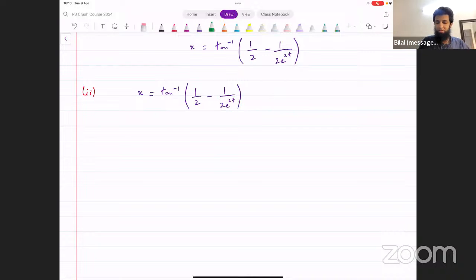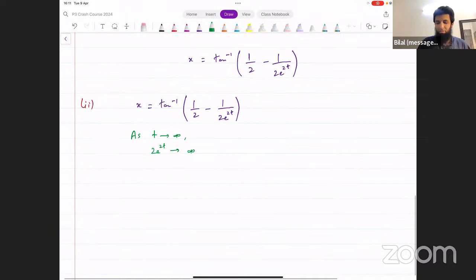As t becomes very large, as t goes towards infinity, what do you think is going to happen to 2e raised to the power 2t? It's going to increase. This is also going to go towards infinity, right? You have e raised to the power infinity. E is a positive number raised to an extremely large power. This is also going to go towards infinity.